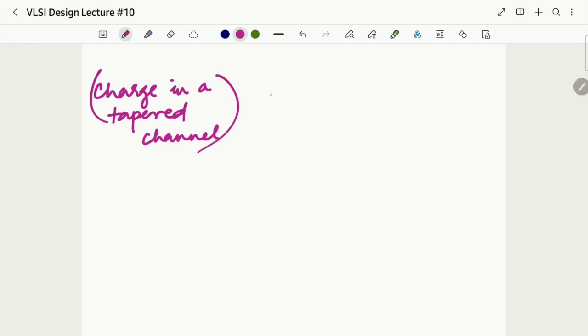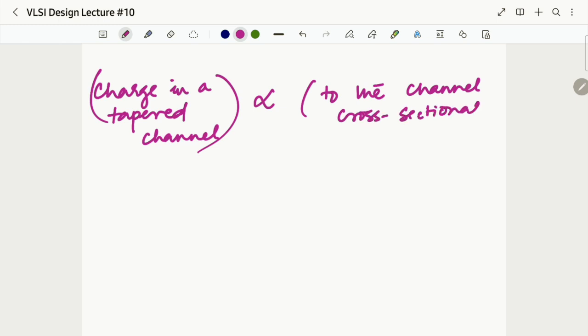This charge is directly proportional to the channel cross sectional area. Whatever my cross sectional area of the tapered channel is, the charge will be directly proportional to that.